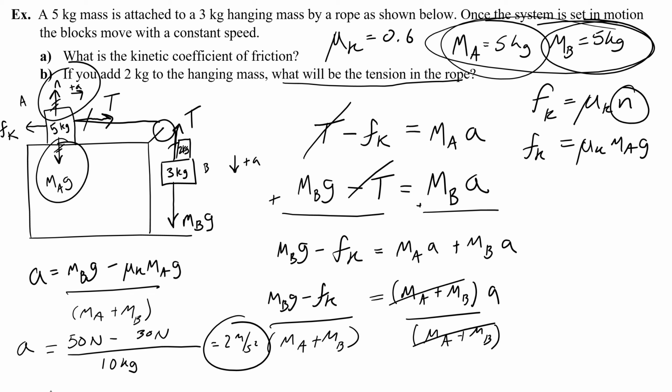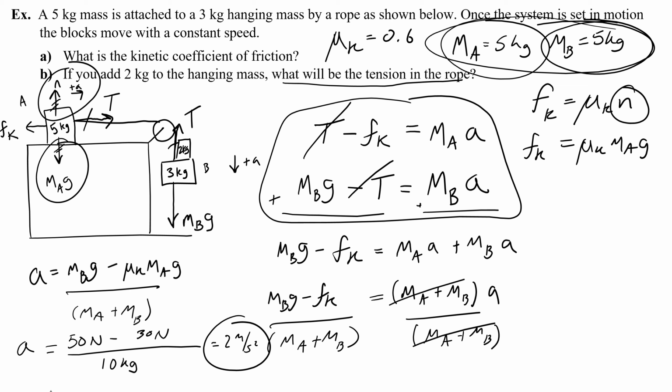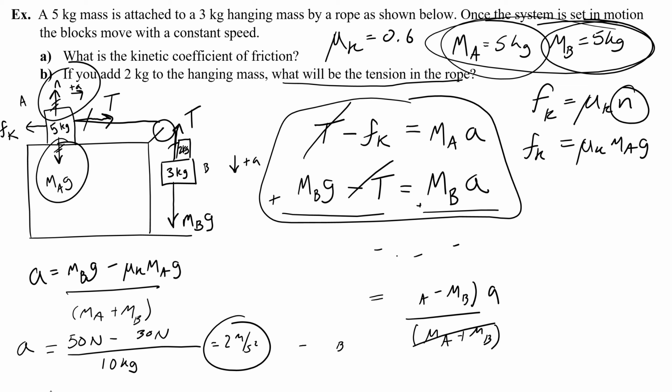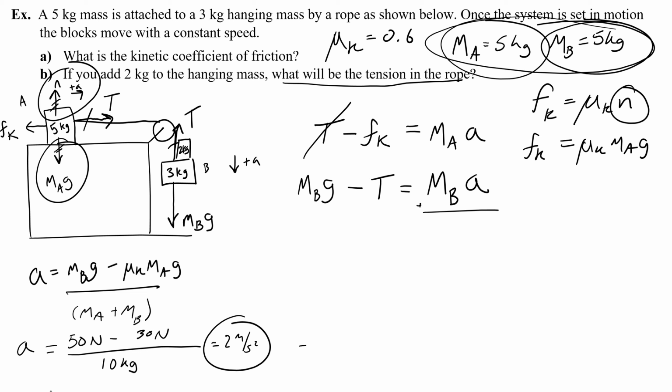We're almost done. What do I do with that acceleration? Well, now I can plug it back into either of these two original equations to find the tension. So I'm going to get rid of some of this work here, and just pick an equation that I want to plug the acceleration back into. I'm going to use the top one right here.